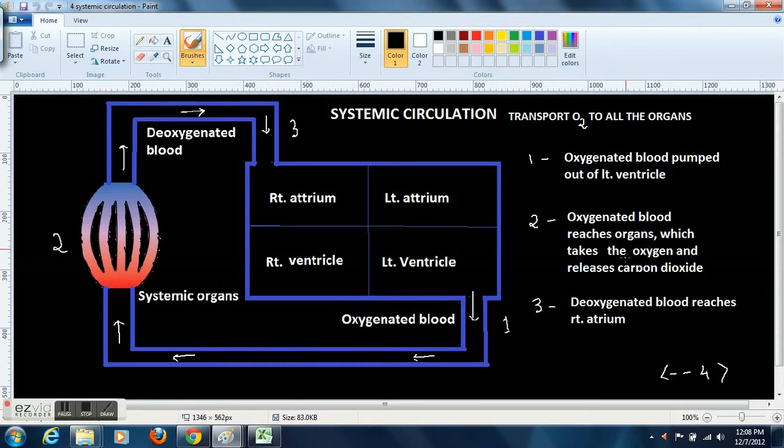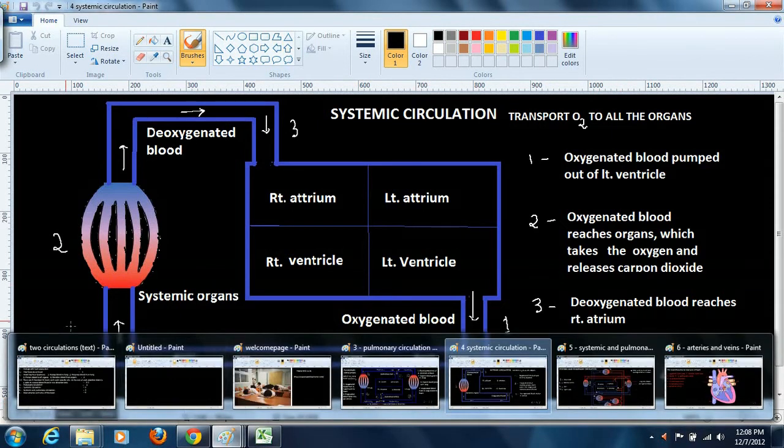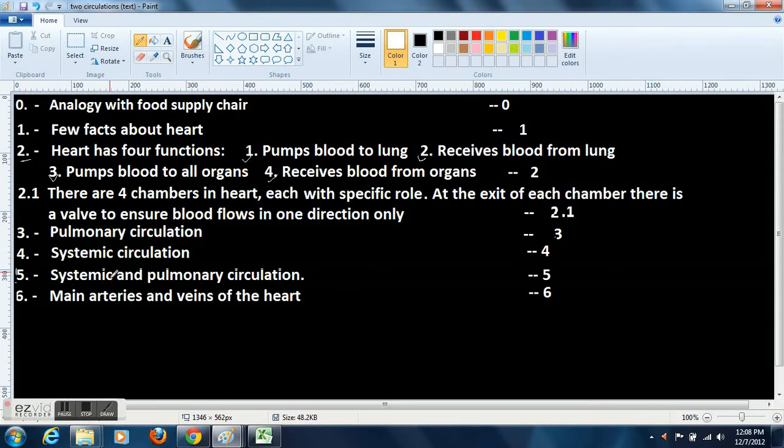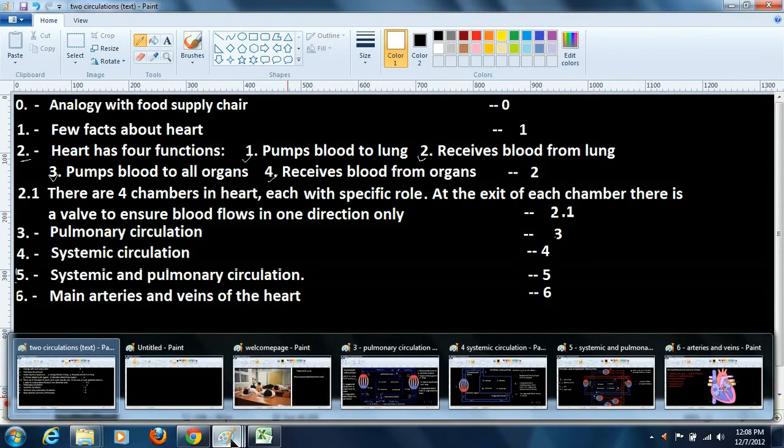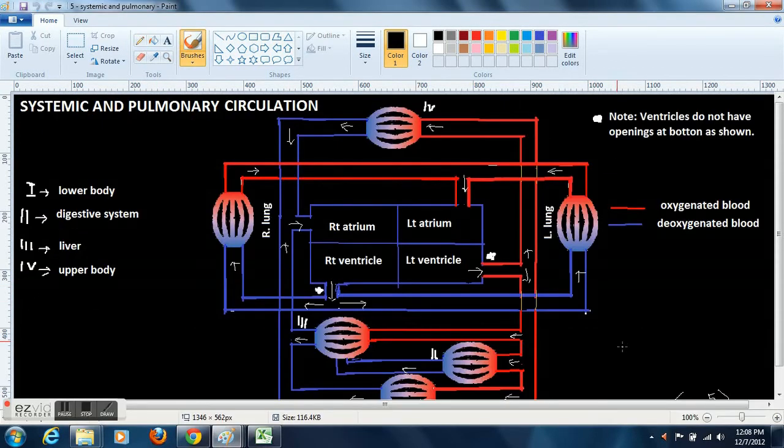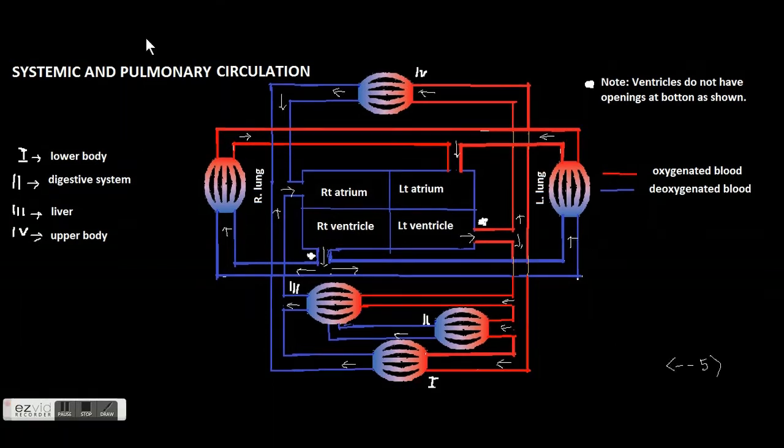So in the systemic circulation, the two chambers of the heart that are involved are left ventricle and right atrium. So in systemic circulation, the pure blood goes to organs, and organs use the pure blood and make the blood impure. Then let us see how systemic and pulmonary circulation work together, and that is exactly how it works in our body. These two things work hand in hand.